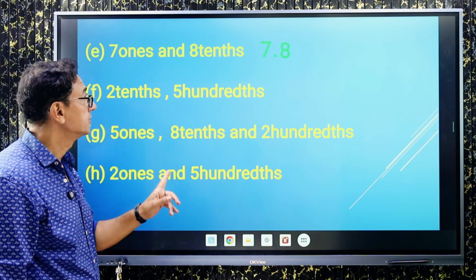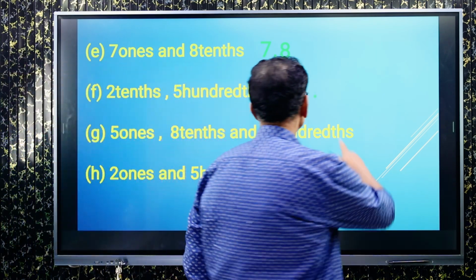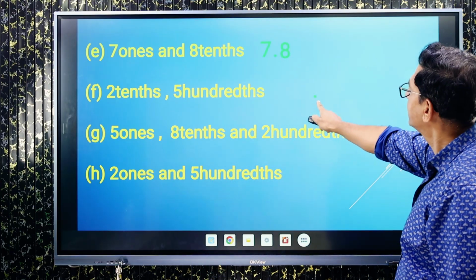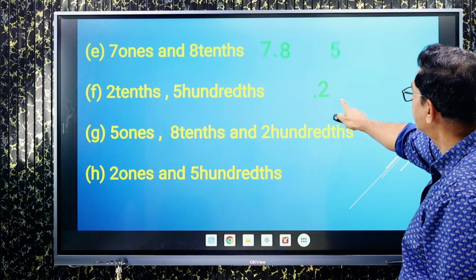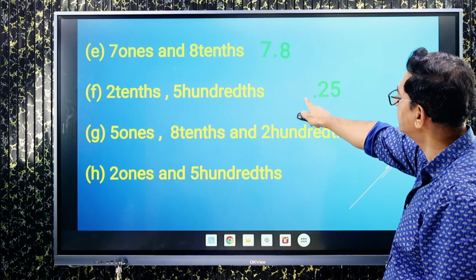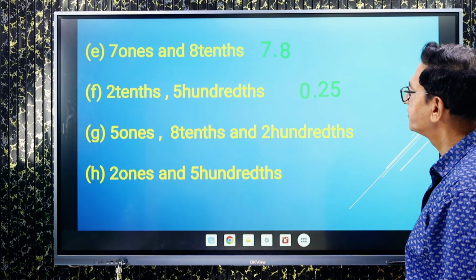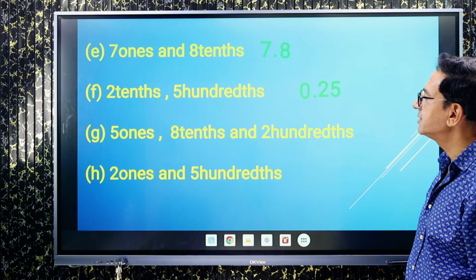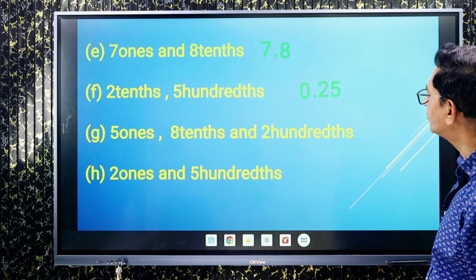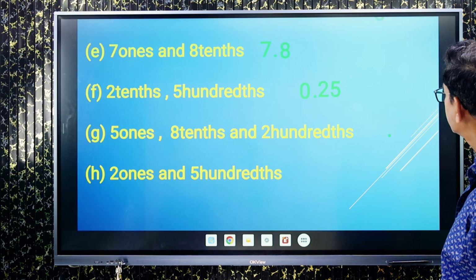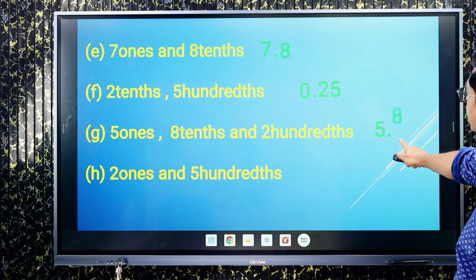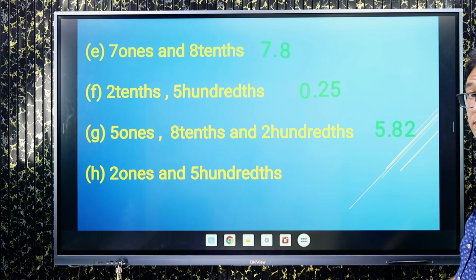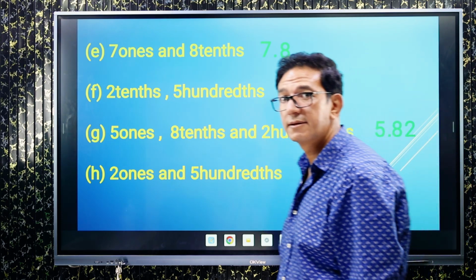Yes. This is the decimal point. And then in the tenths place we will write 2 and 5 in hundredths, and in ones 0. 5 ones, 8 tenths and 2 hundredths. Point. 5 in the ones, 8 in the tenths, and hundredths here.